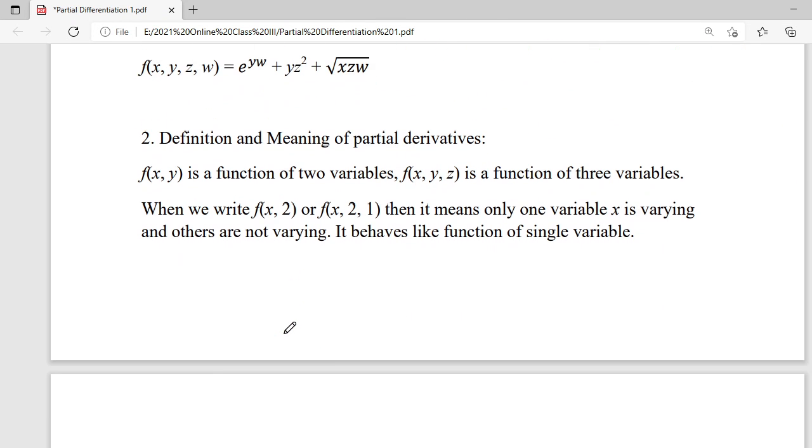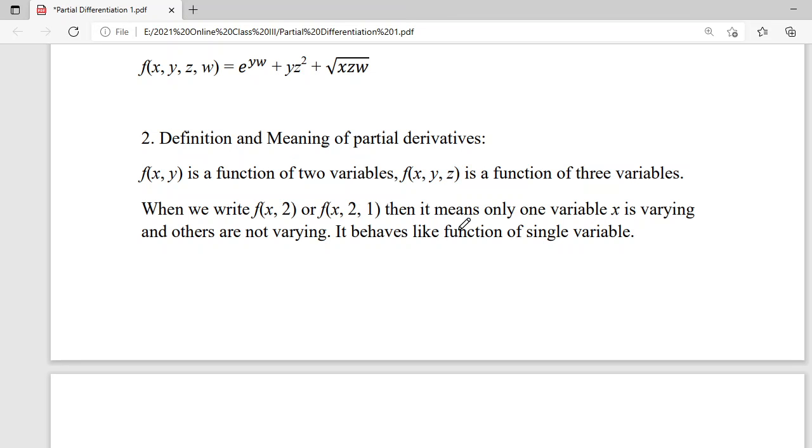Then the definition and meaning of partial derivative. You know what the derivative of a function is. Now when you say partial derivative, it is a function of two variables. We are considering a function of two variables first.